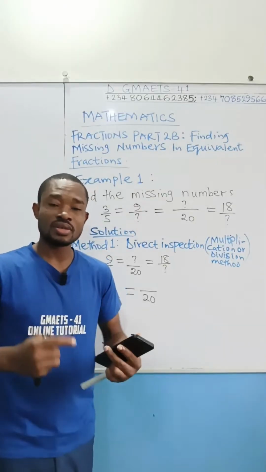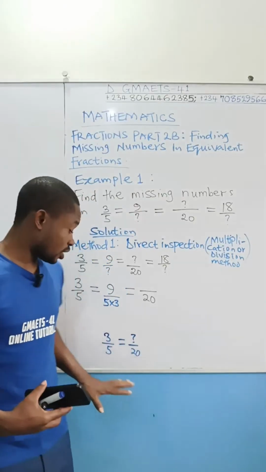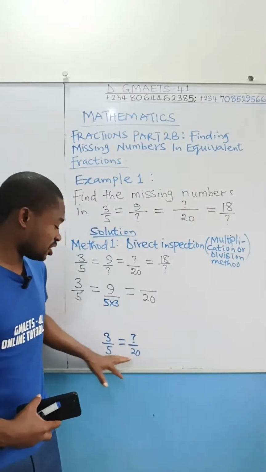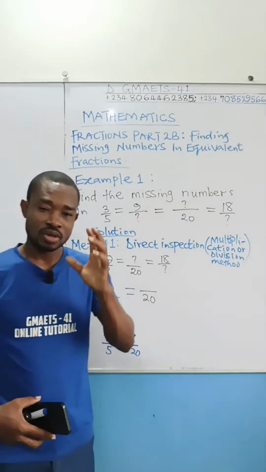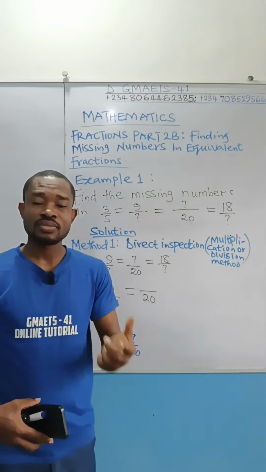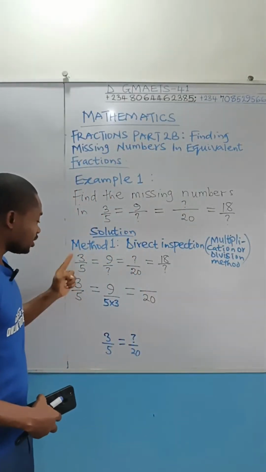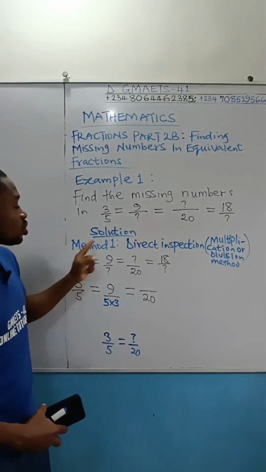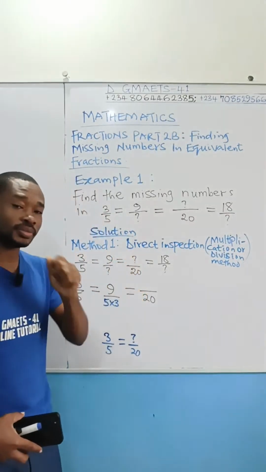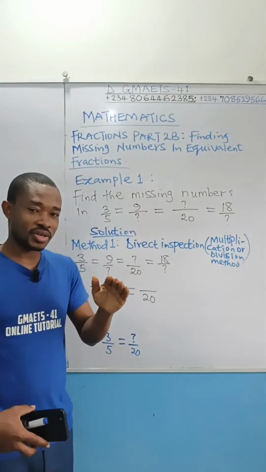Nothing is missing in the denominators, so you use them to get the number you will use in multiplying the numerator and denominator so as to get this equivalent fraction. So that is a secret.